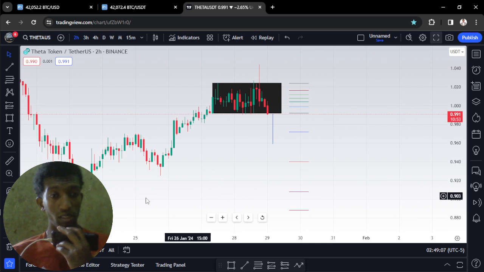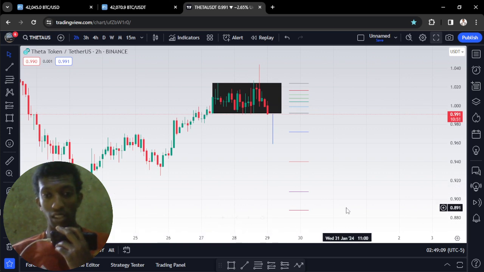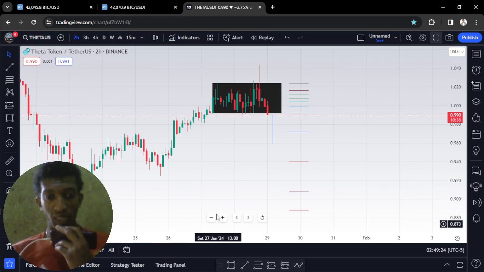Believe me, it will reach TP3 right there. TP3 is exactly right there, so that's where it would go, right? Maybe around 0.92, right around this low, taking out this low, right?